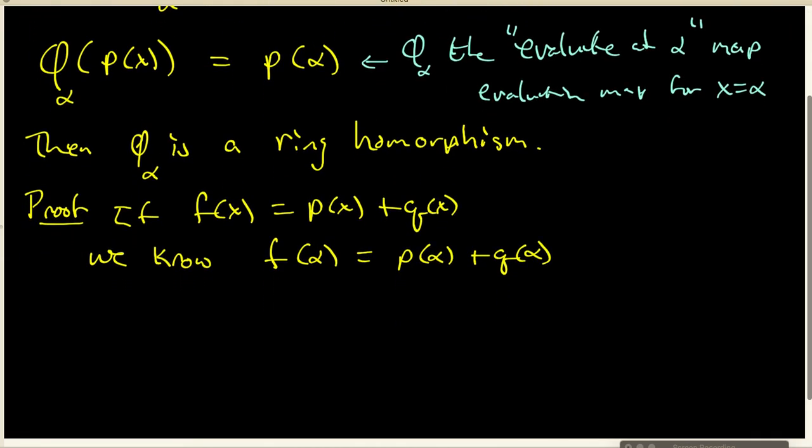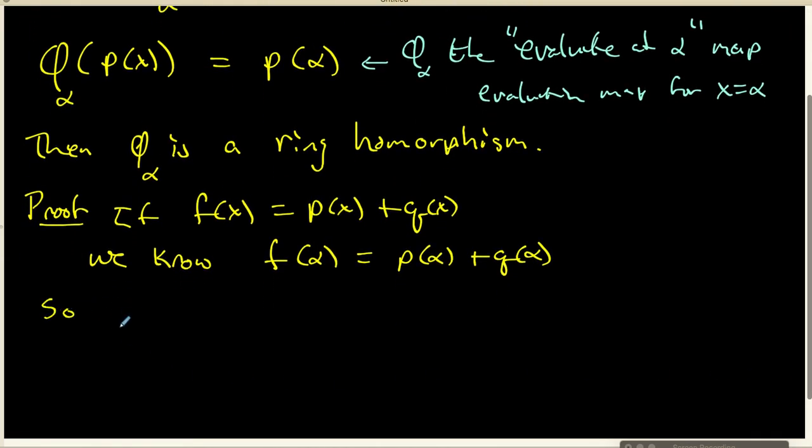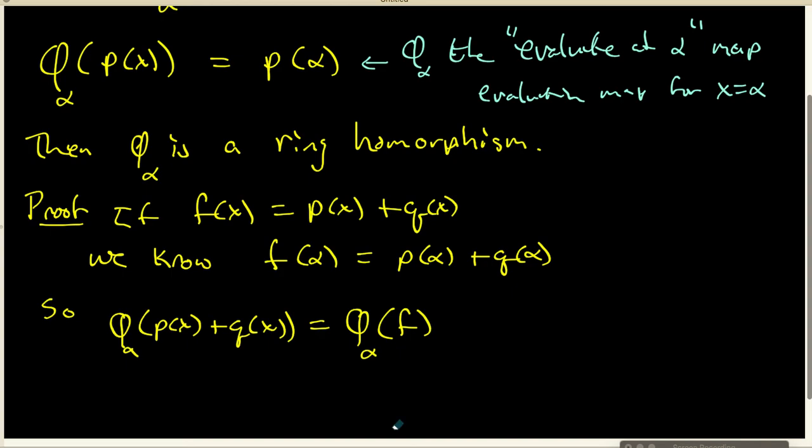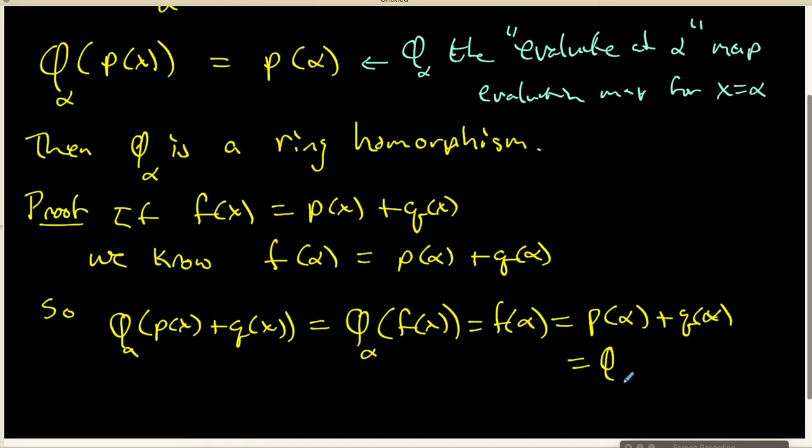And just to formalize this, that lets us say that phi of this sum will equal phi sub alpha of f of x. But that'll equal f of alpha, and we already know that f of alpha is p of alpha plus q of alpha. But that's phi sub alpha of p plus phi sub alpha of q.